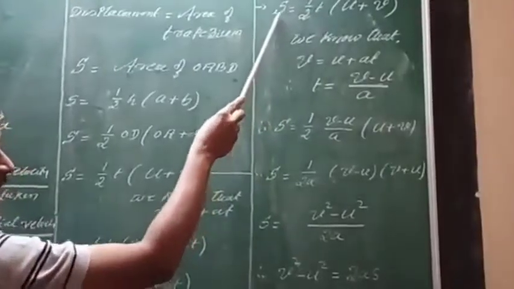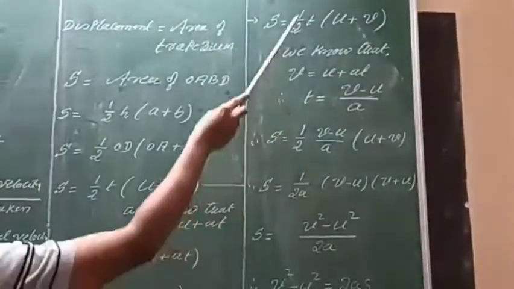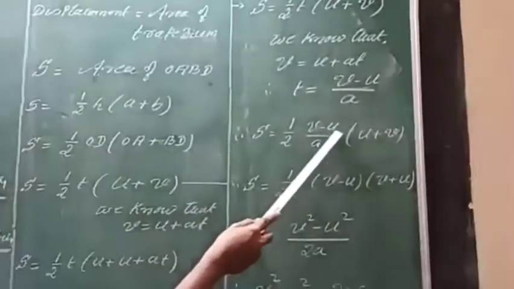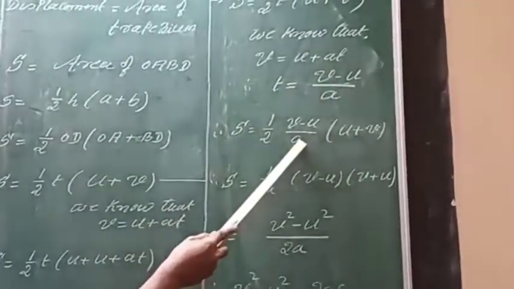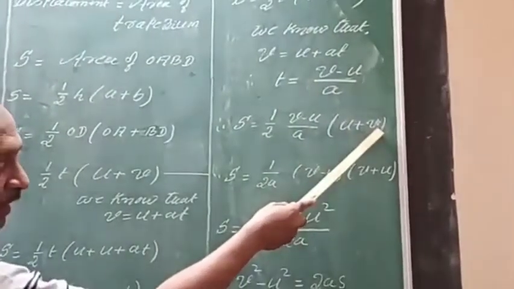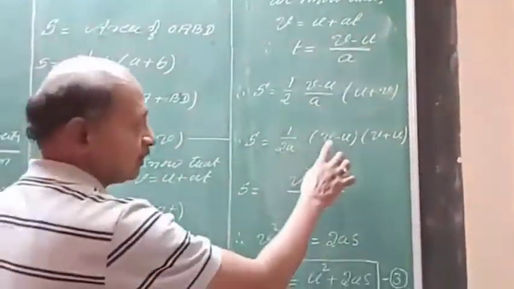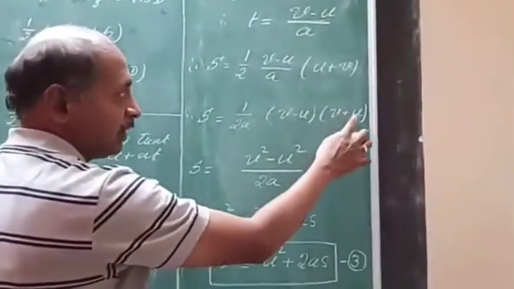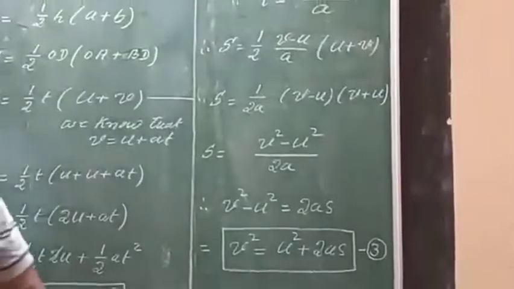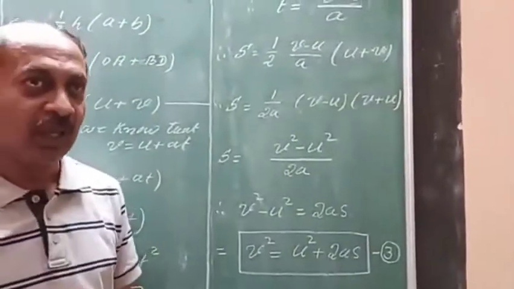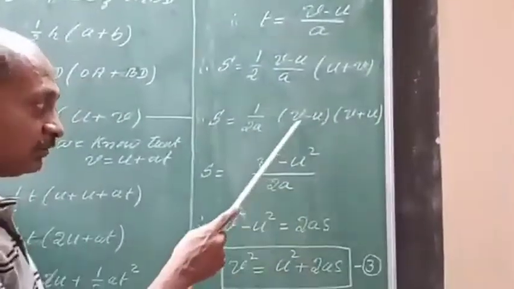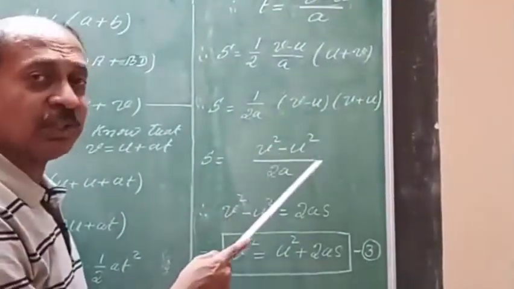Now what will you get? S is equal to half. What is the meaning of t here? V minus U divided by a, into U plus V. So this is V minus U, V plus U. Please observe this. This is in the form of a plus b into a minus b, which is a square minus b square.